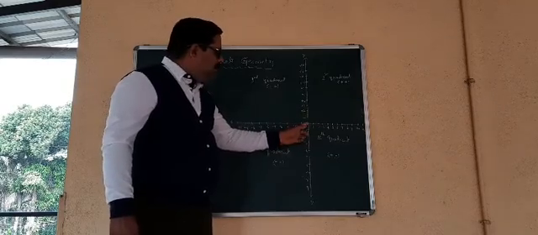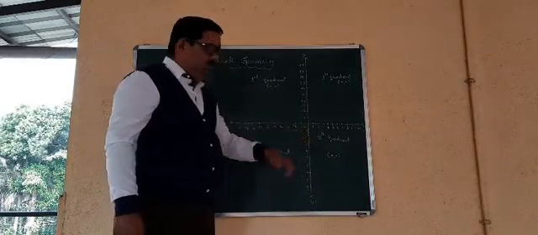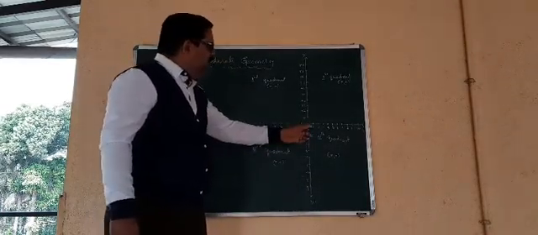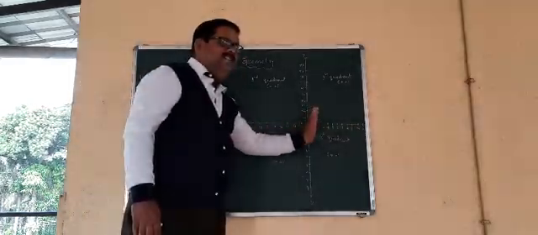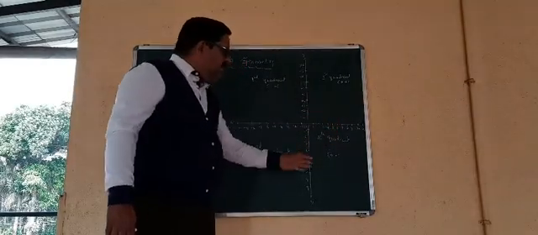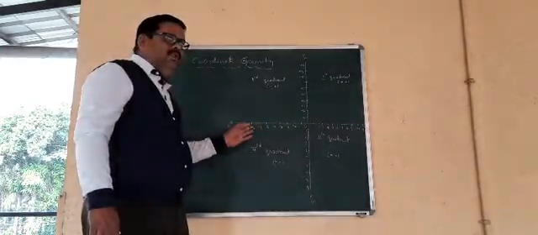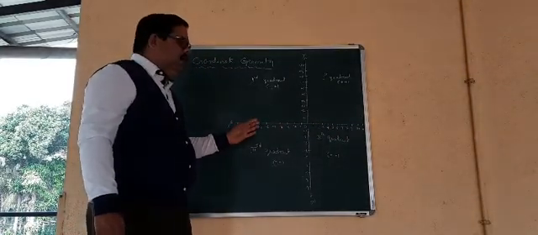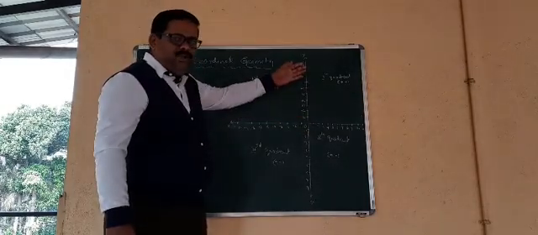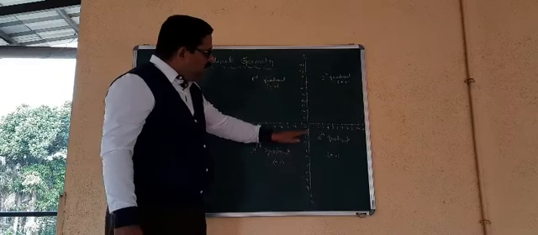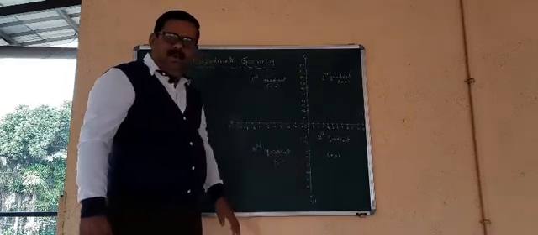It is denoted by the letter O. I have marked points at equal distances. To the right side of the y-axis we have positive numbers, and to the left of this line we have negative numbers. The part above the x-axis is always positive, and the lower part has negative values.